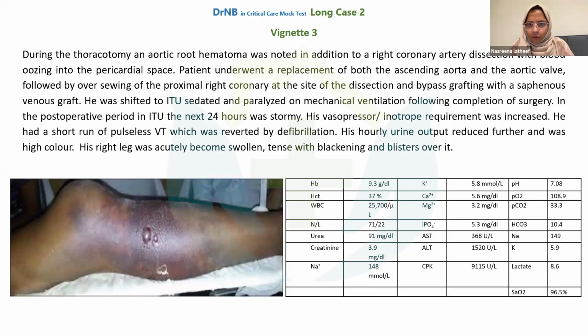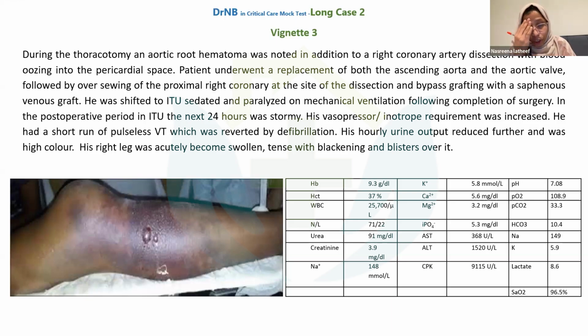There are signs of compartment syndrome because there is a rise in CPK, which is suggestive of rhabdomyolysis with worsening acute kidney injury and acidosis. So I will get an urgent surgery consult for debridement and fasciotomy. When do you call it compartment syndrome?